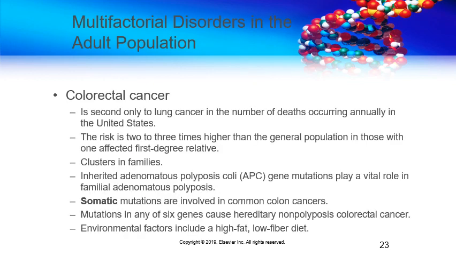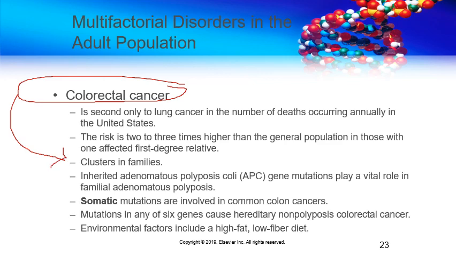All right, colorectal cancer. Again, colorectal cancer clusters in families. And this has to do with this APC gene mutation. And so you get some polyps in there, and then there can also be some somatic mutations.